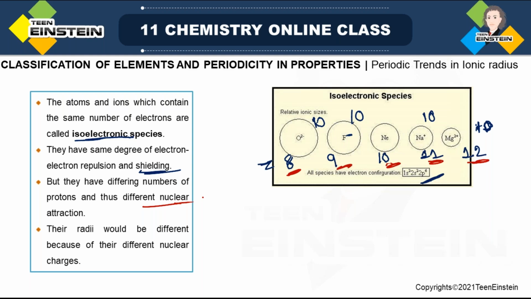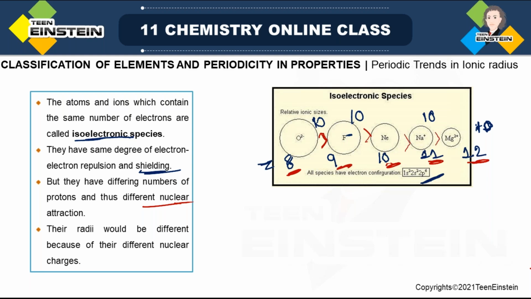And remember, when they are isoelectronic species, that is, all have the same number of electrons, for this type of species, suppose you have 5 to 6 species, you can easily compare their ionic sizes. Here the picture is given, and you can easily understand oxygen has the maximum size, then F, then neon, then Na plus, and at the minimum position there is Mg. So this sphere size is there.